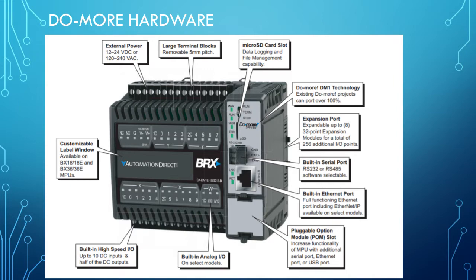There's different types of PLCs out there with different products inside of those brands. For example, the Allen Bradley brand has the ControlLogix, SLC 500, and the CompactLogix. Automation Direct has the Productivity PLC, but it also has a BRX PLC, which is the one we'll be using.